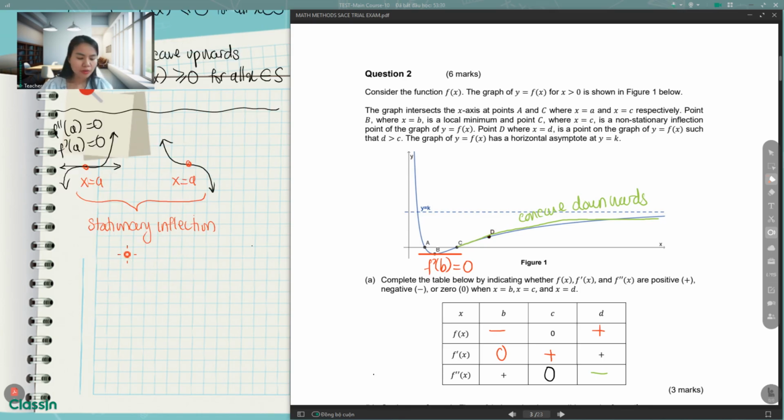Another type of inflection point is non-stationary inflection. It looks like this. Let's say this is x equal to b.